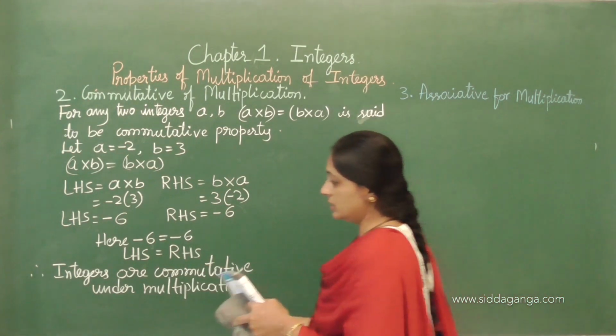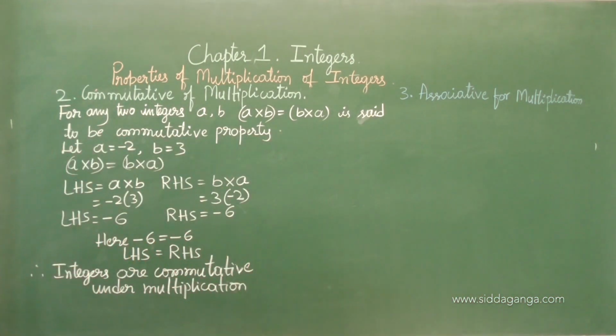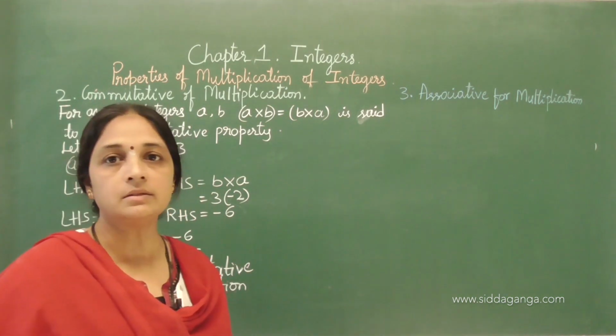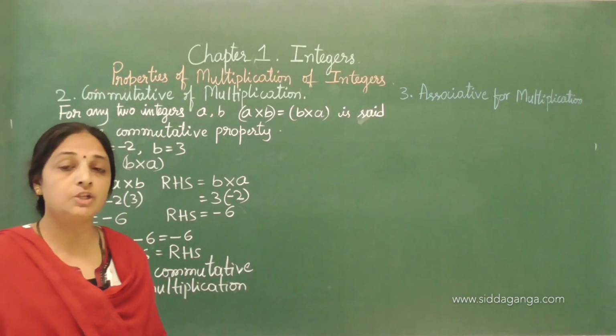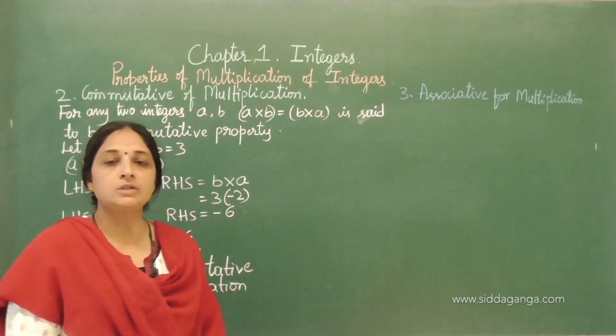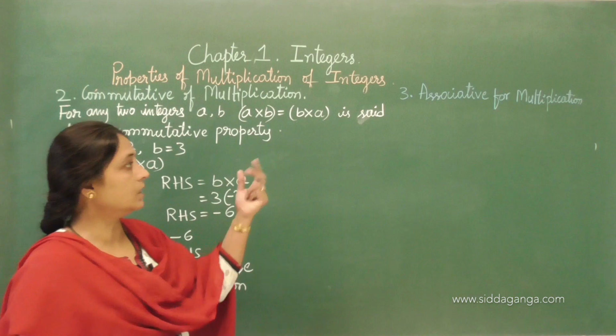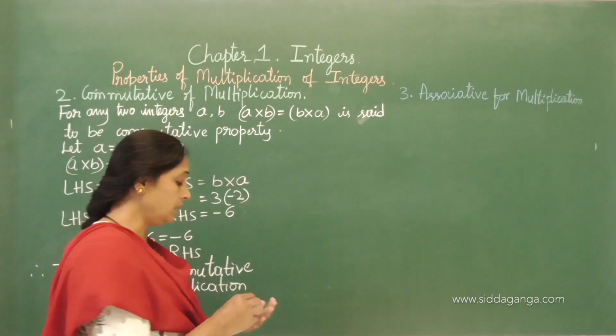Okay, then here how many numbers do we consider? We consider 3 numbers. We did it for addition. There also we took 3 numbers to check the associative property.